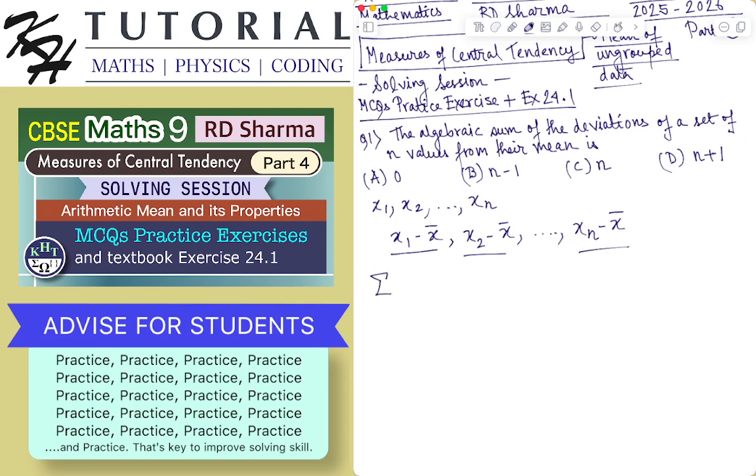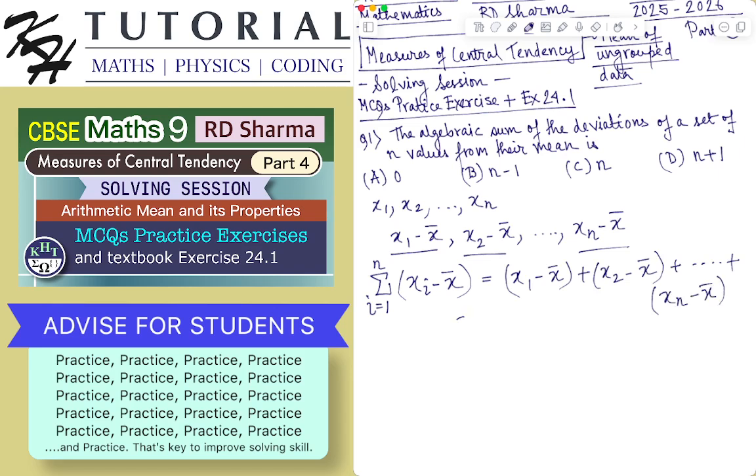In sigma notation, this is the summation from i equals 1 to n of xi minus x bar. In the expanded form, it is x1 minus x bar plus x2 minus x bar, like this up to xn minus x bar.